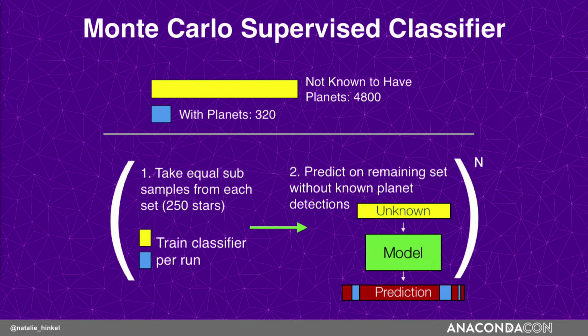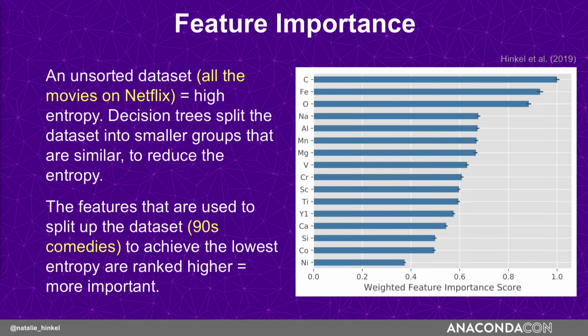And then I do that thousands of times. And this way, we ensure that every star within Hypatia that doesn't currently have a known planet is sort of touched on a bunch of times so we have a statistically significant sample. So the end product of this is that we get some important features. So these are the elements that help break down our population of stars to say, you are likely to host a planet and you're not.